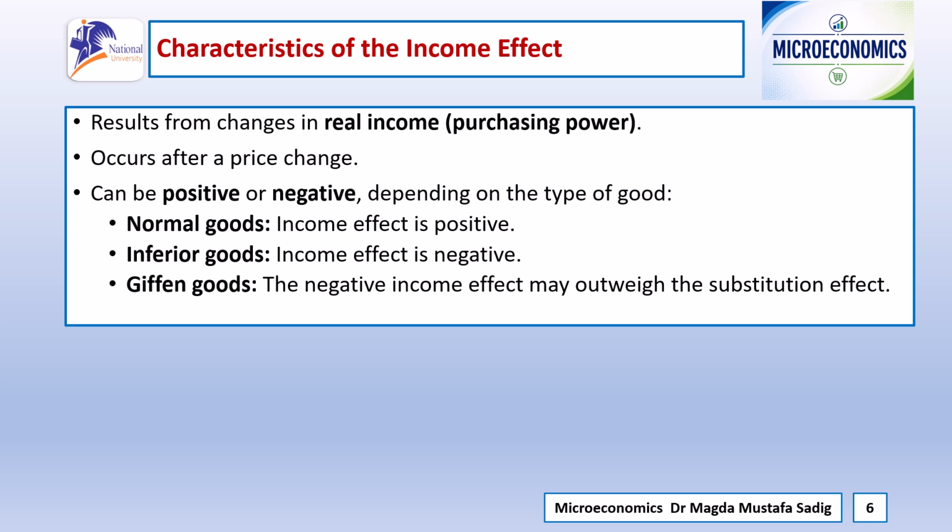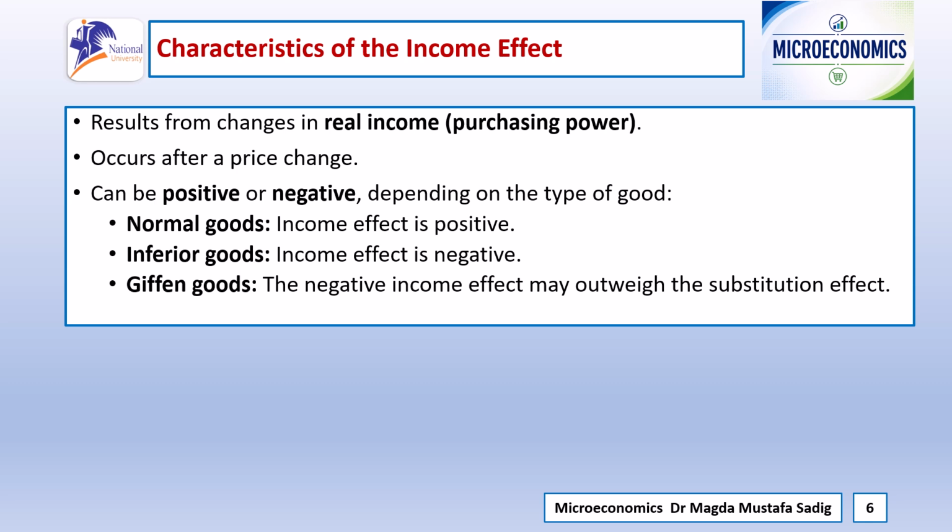Second, inferior goods. Inferior goods behave differently. As people's purchasing power increases, they often buy less of these goods. Examples may include instant noodles, low-quality transportation, or second-hand products. Therefore, the income effect becomes negative. Third, Giffen goods. Giffen goods are extremely rare.